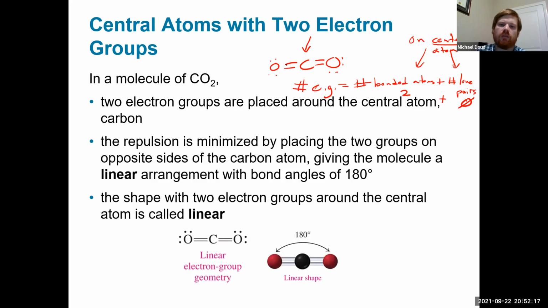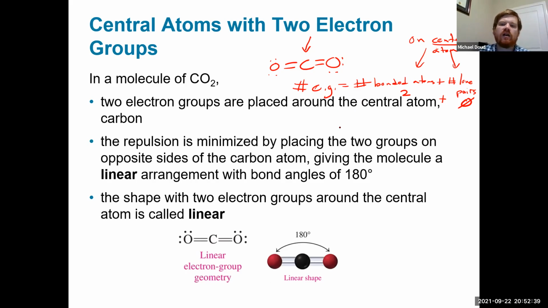You can't split up a double bond. It always has to be together. Because think about it this way, these 4 electrons are shared from this carbon to this oxygen. So if you were to try to split those into 2 bonds, you would break the bond. So it wouldn't be a bond anymore. So instead, think of the number of bonded atoms, like I did here.